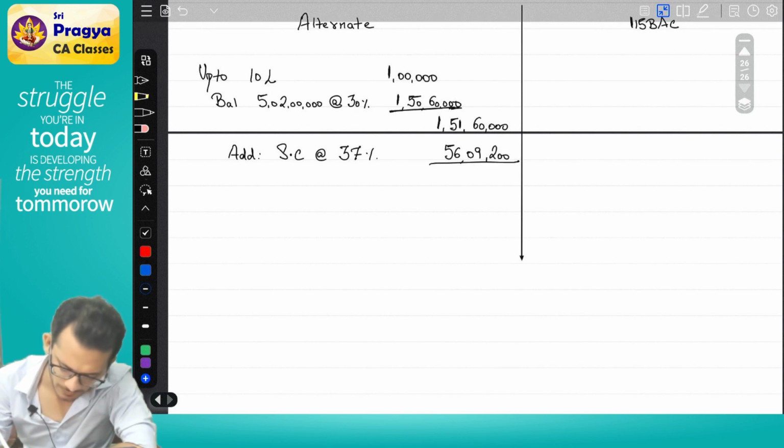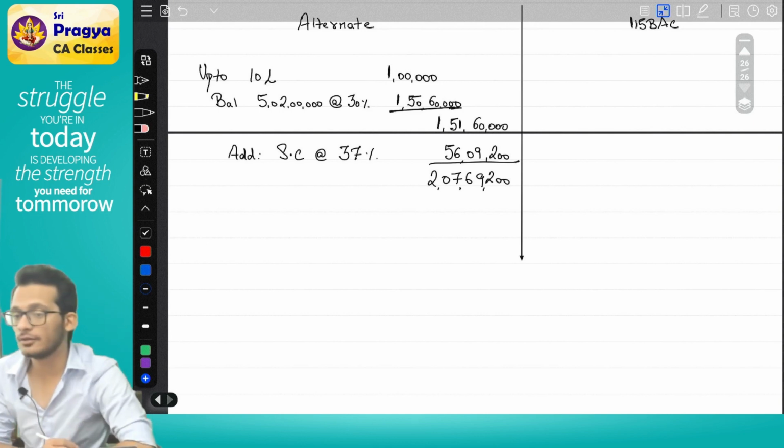Add both the numbers: two crore 7 lakh 69,200.